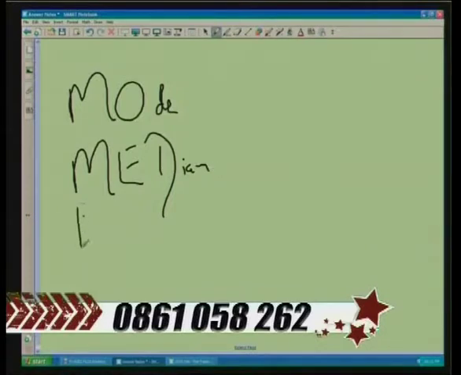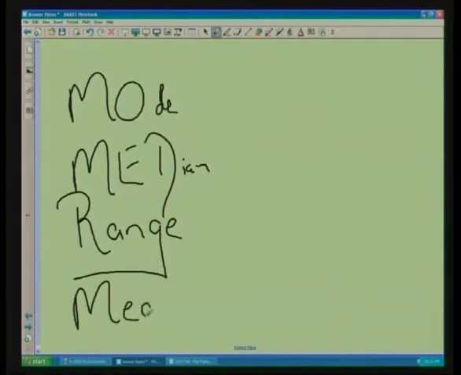Then we will look at something called the range, and I'm making my G like this again for a reason. And then finally, we're looking at something called the mean. With the mode, the median, the range, the mean, we can't do stats unless we know what is a mode, what is a mean, what is a range, what is the median.